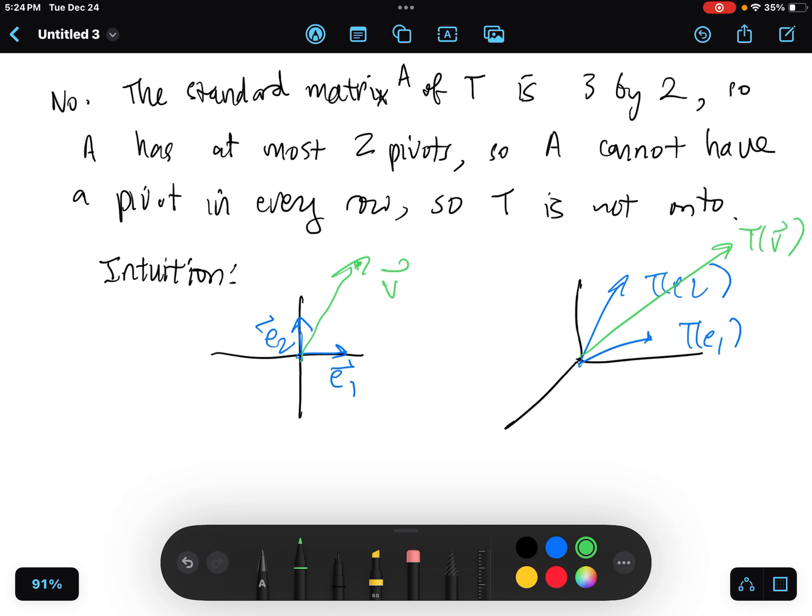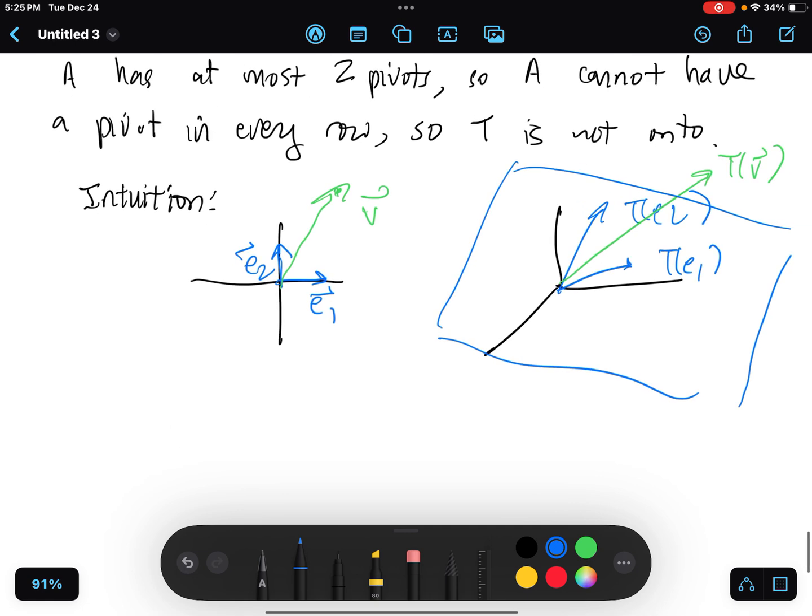And so what are you going to get for the image? You're going to get this plane. The image is spanned by T of e1 and T of e2, the columns of A. So you're going to get this plane, and there's no way you're going to get all of R3.